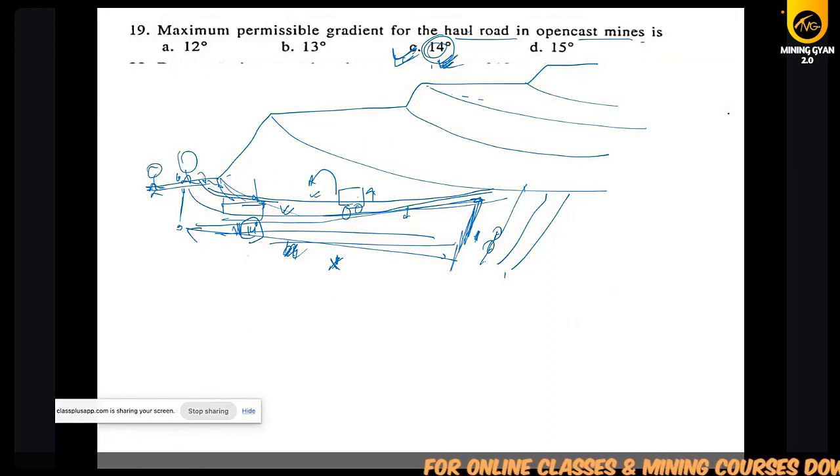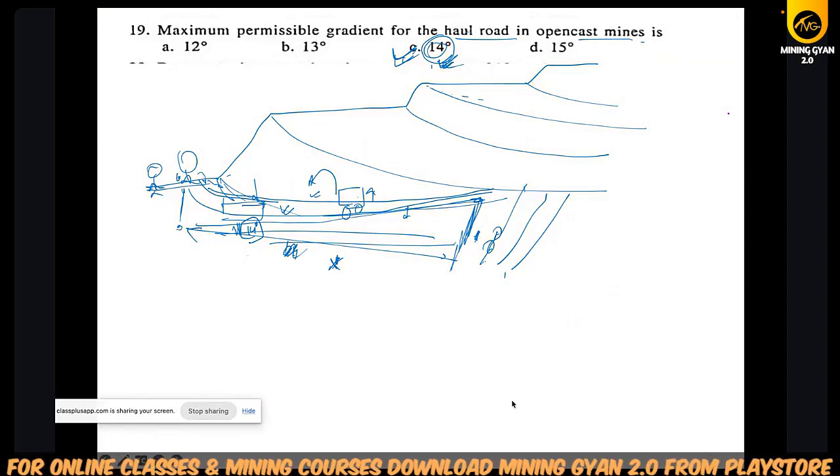But in AK Gorai, they have mentioned that minimum it should be 1 in 10, and maximum 1 in 14. So why maximum? If this is 10, this is 1, then you have to go up in a shorter duration.